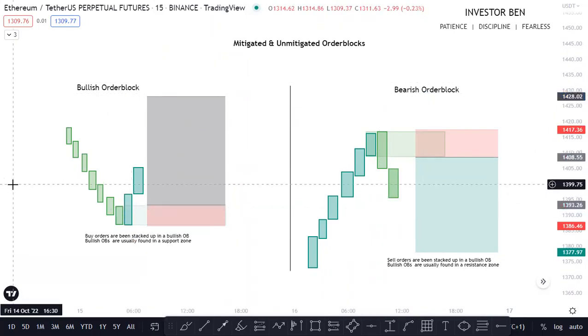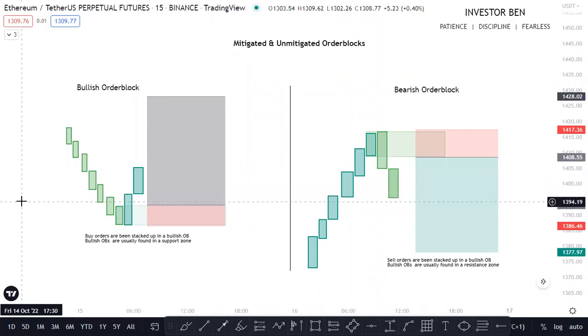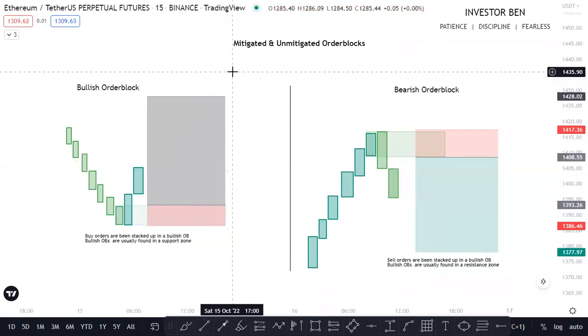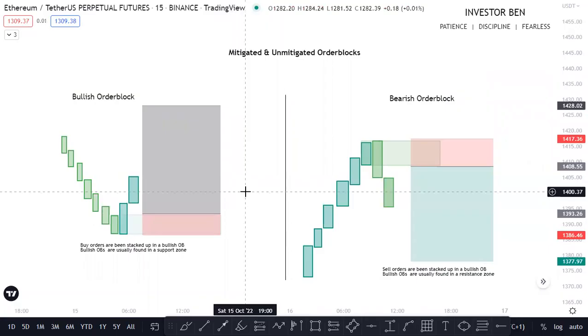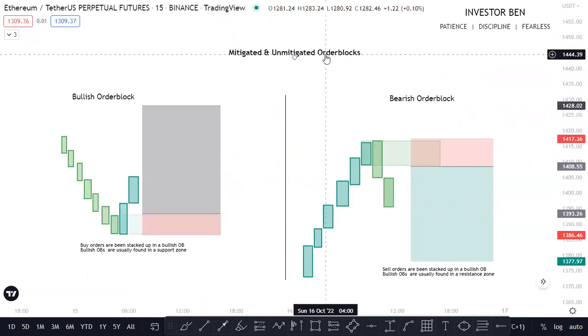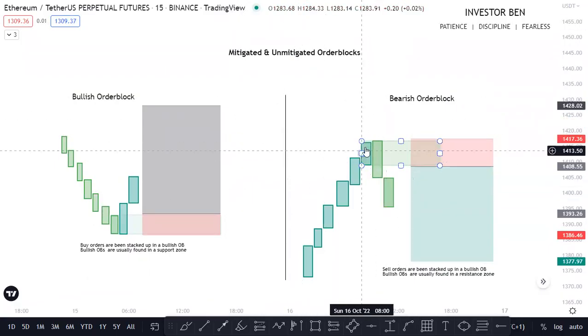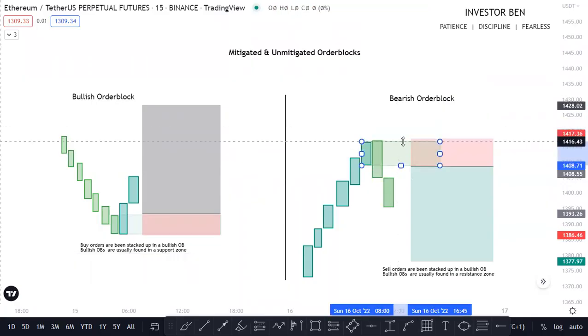So, proceeding with mitigated and unmitigated order blocks, right? Now we'll be using the word mitigated when something has been tapped on, when something is being touched, right? And unmitigated when something is still clear, yet to receive any piercing.